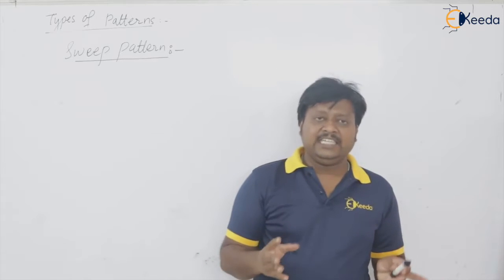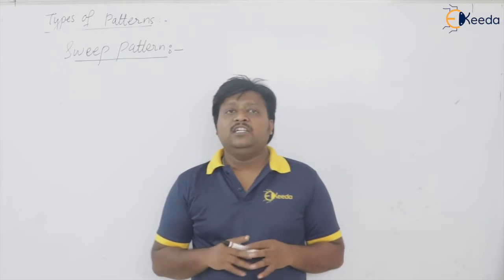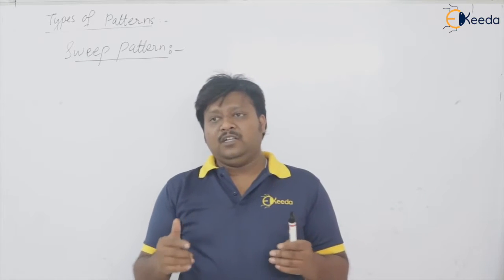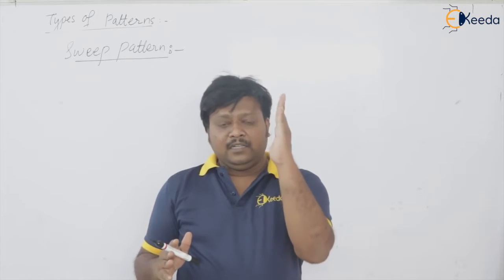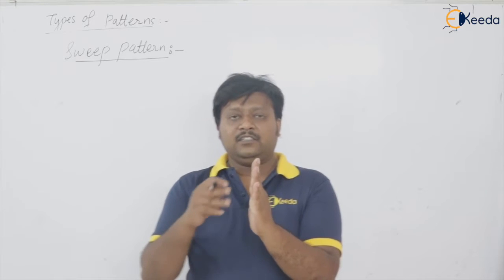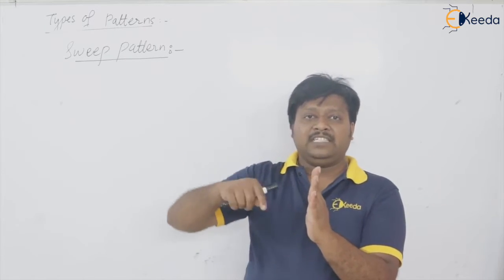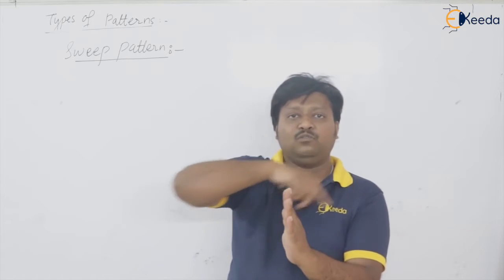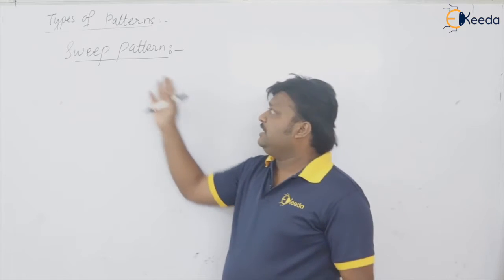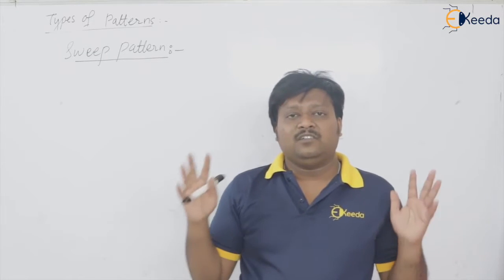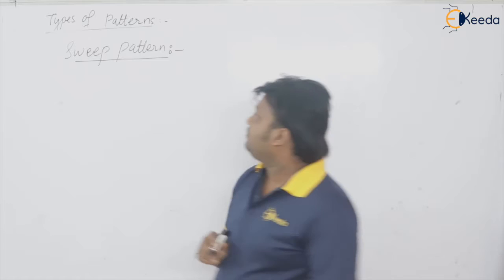So in such cases, we go for the sweep pattern. Here the word sweep refers to the pattern sweeping or rotating around an edge, generating the round surface. Okay, so this is the sweep pattern, basically used for cylindrical or round shaped castings.